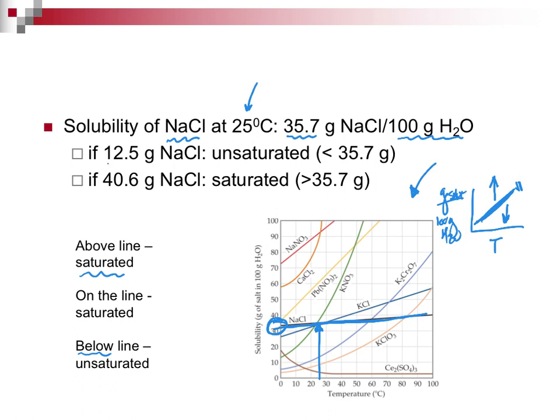If I have 12.5 grams, that's less than the amount, I will say this solution is unsaturated. It's less than 35.7. If I have greater than 35.7 grams, I will say that it is saturated. Again, not too difficult to follow.